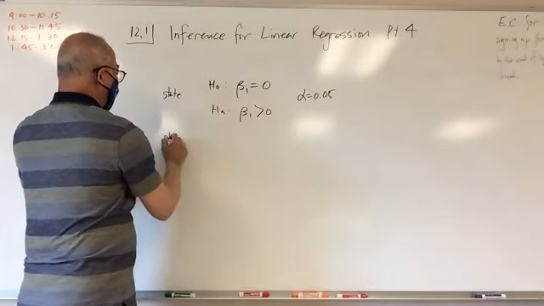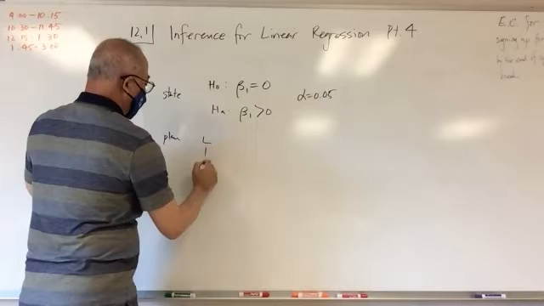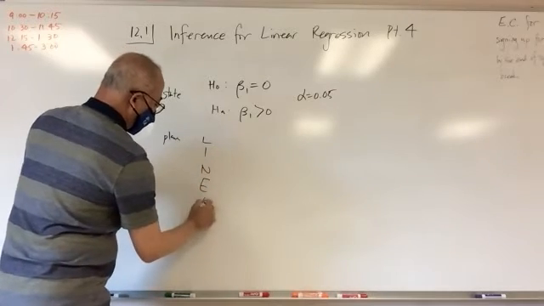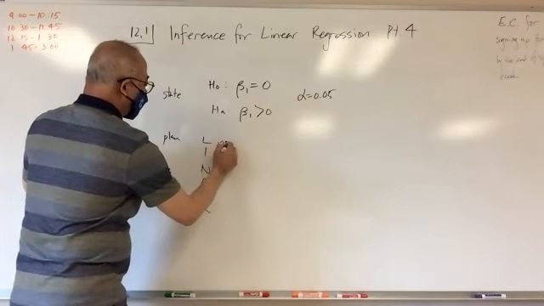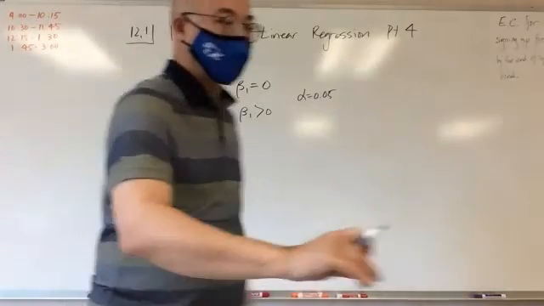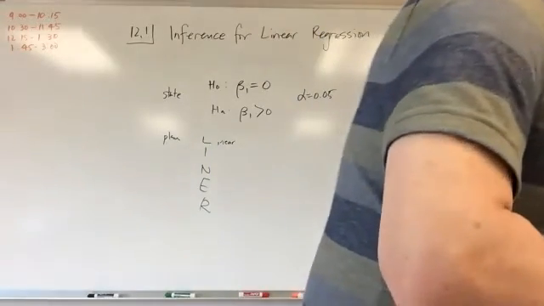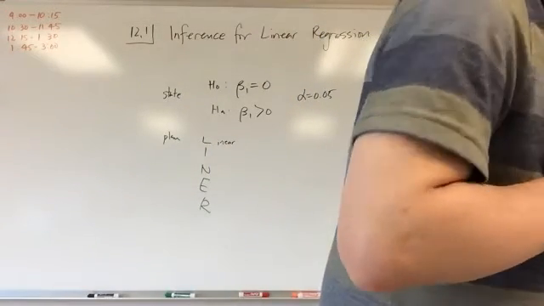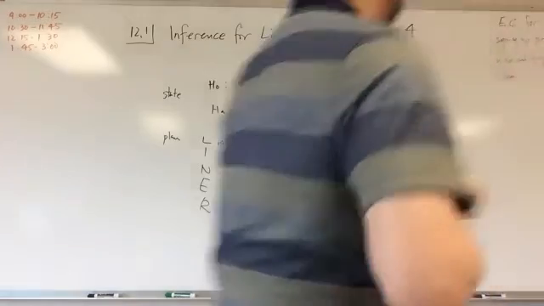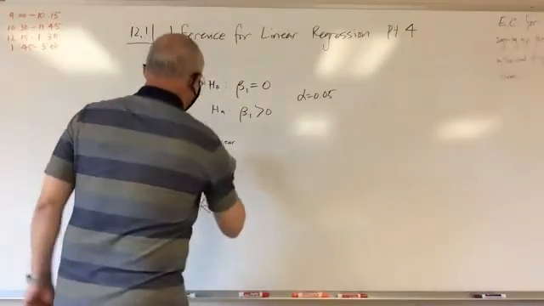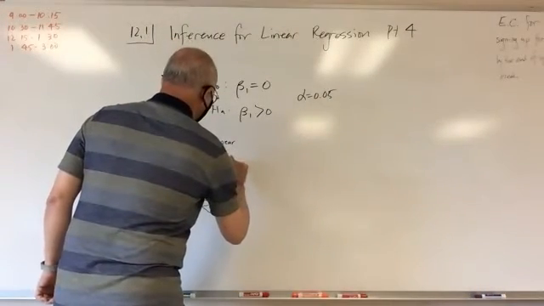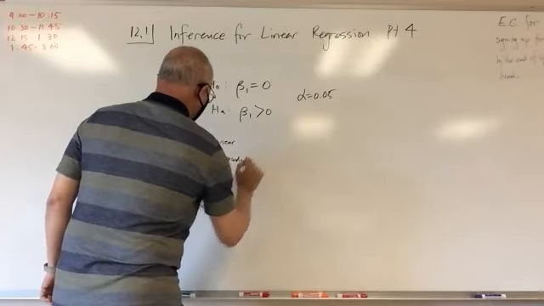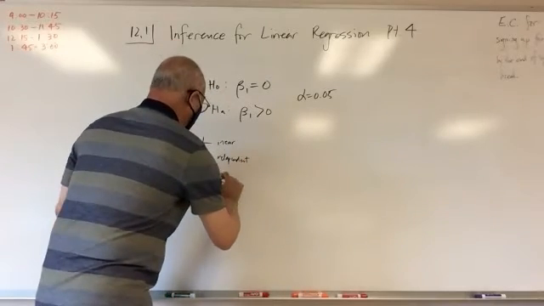Then the plan is LINER, right? Linear, is it linear? The one on the top of page 780 on the left-hand side, correct? Okay, and then it's independent. Yeah, each kid is independent. They're different. Okay. And then normal.